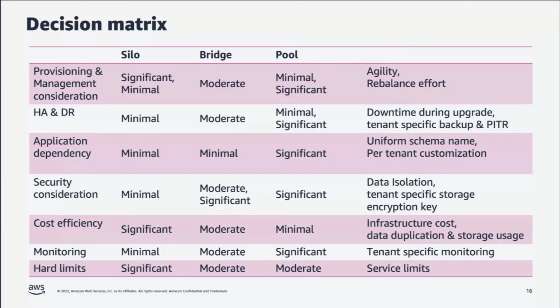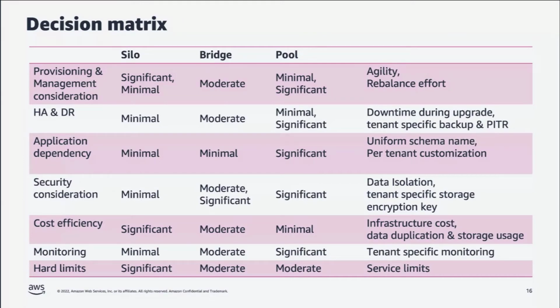With respect to security, data isolation is best in silo, better in bridge, and worse in the pool model as it uses the same table for all the tenants. You can leverage features such as row-level security in PostgreSQL to ensure that a tenant will not be able to see another tenant's data.